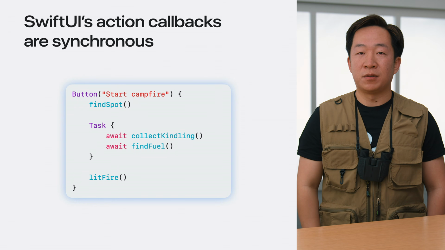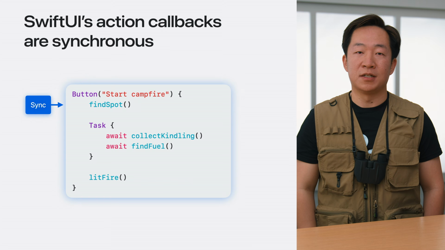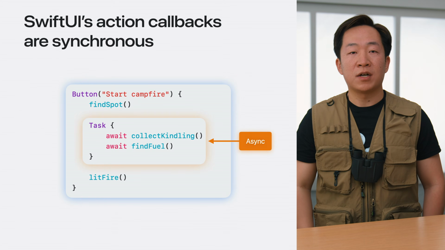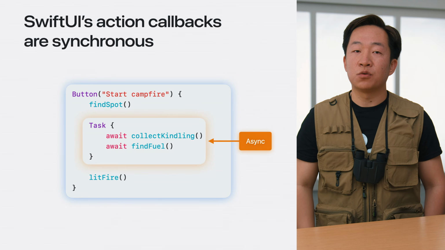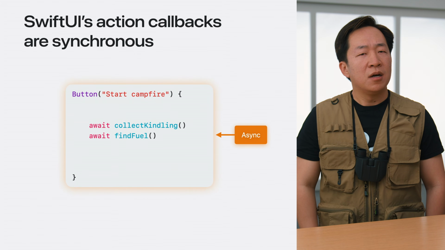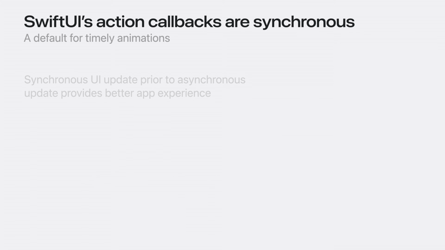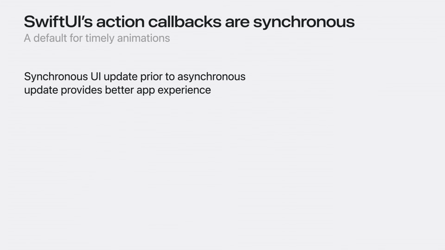Experienced SwiftUI developers might have noticed that most of SwiftUI's APIs, such as a button's action callback, are synchronous. To call your concurrent code, you first need to switch to an async context with a task. But why doesn't Button accept an async closure instead? Synchronous updates are important for a good user experience.